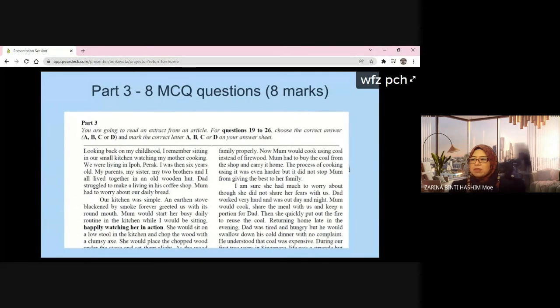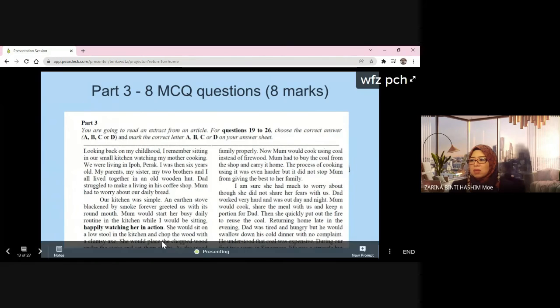Now we go to part 3, which is a longer text. We will just try to answer maybe a few questions for part 3 because it's a long passage. Part 3 is MCQ, 8 marks. This is still MCQ, but there are 8 questions, with A, B, C, or D answer options.